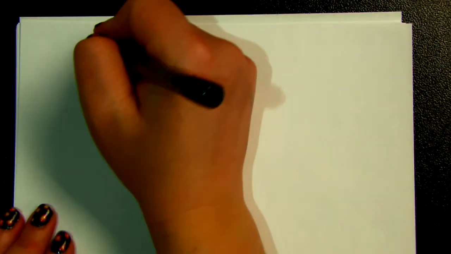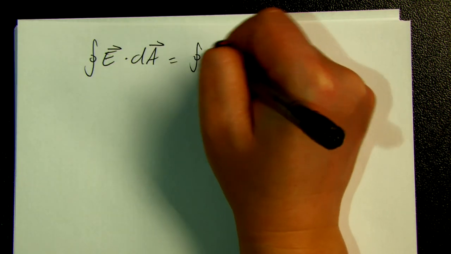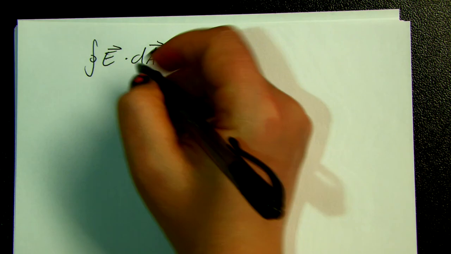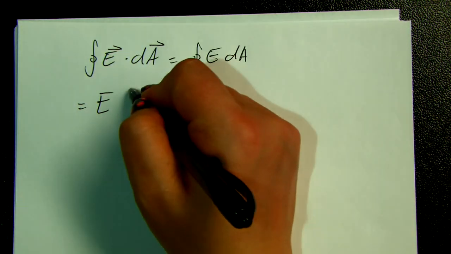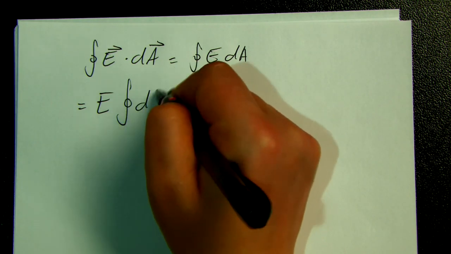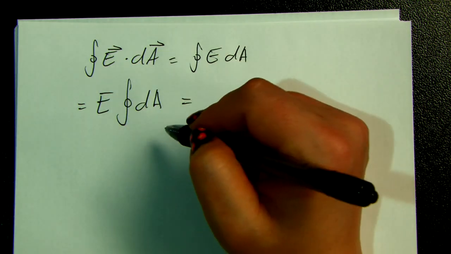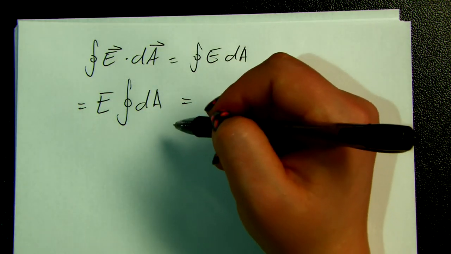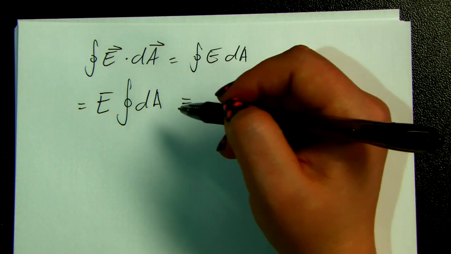So we have our point charge. It's enclosed in a sphere. So we have the integral of E dot dA, E dA. This is equal to, E is constant for all area, so we can pull that out in front, E times the integral of dA, which is equal to, if we look at the surface integral of a sphere, we're just going to get back the surface area of a sphere.